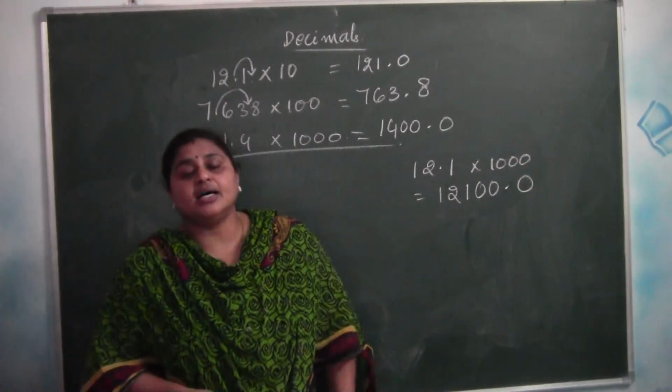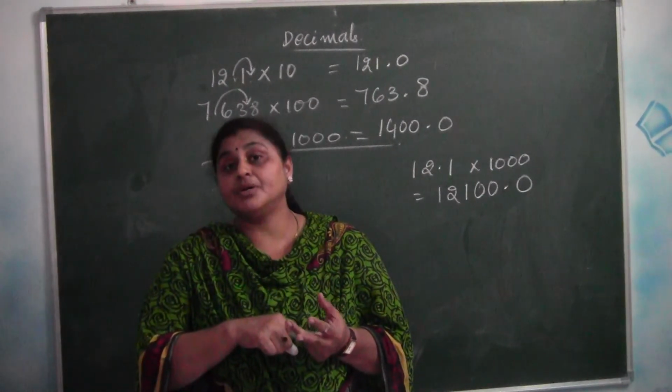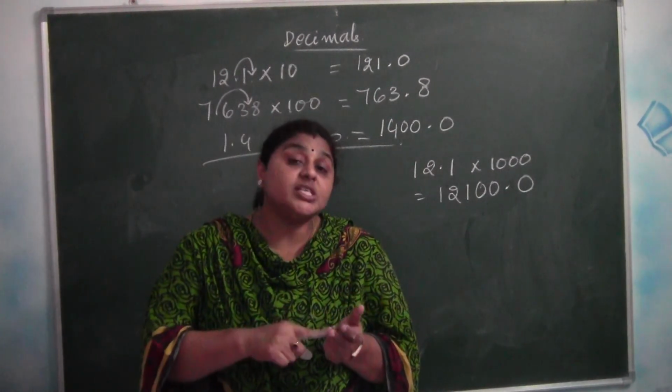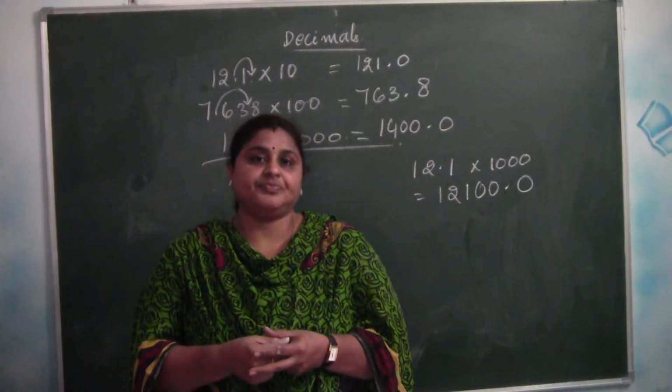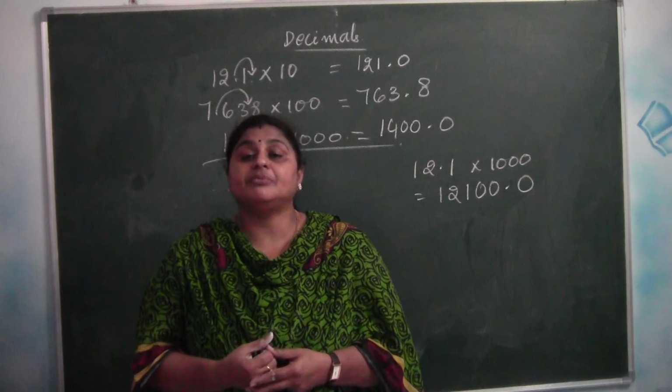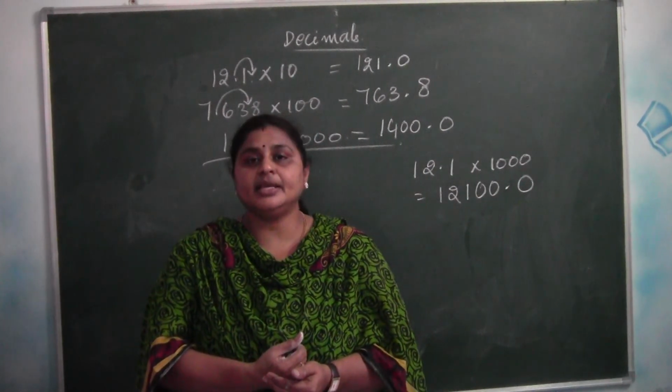In the next class, we will deal with the division of decimal numbers and usage of decimals in daily life. How to use the decimal in our daily life. These 2 concepts we will discuss in the next class.